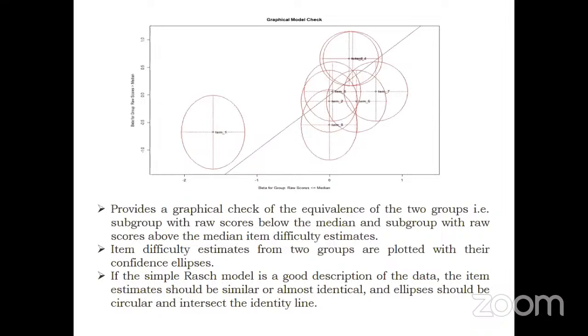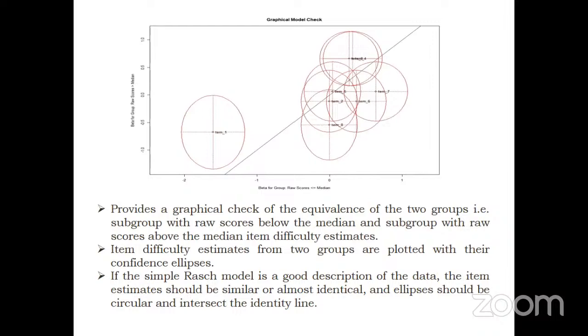Right. So this is again a graphical check of the goodness of fit. For the LR test, you get something like this. You can plot all these items, and as you can see here, except item 1, all the other items have a circular representation overlapping with the straight line.